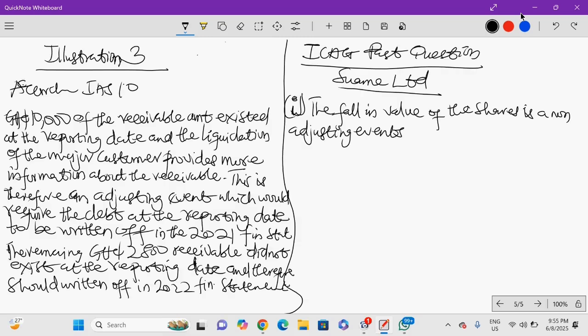It's a non-adjusting event since no evidence existed.